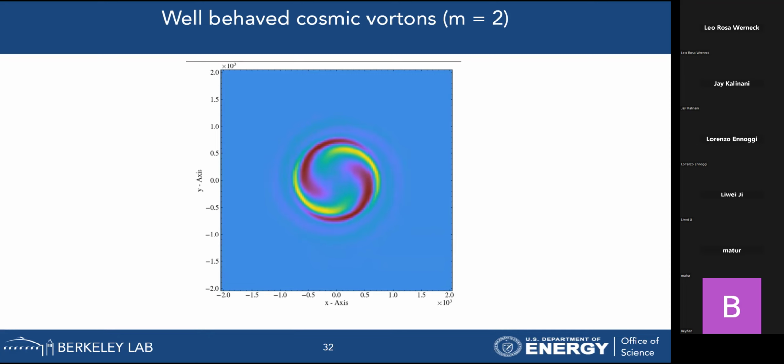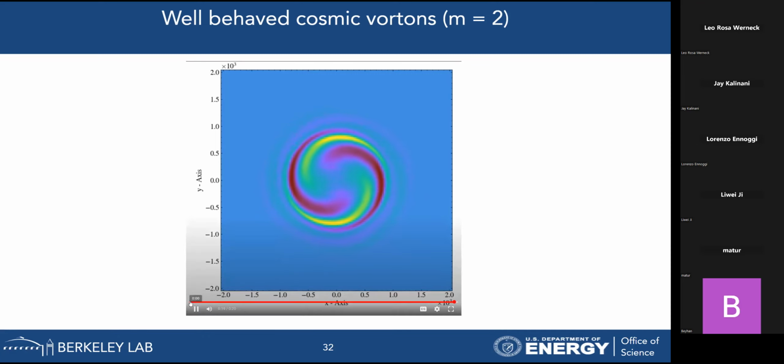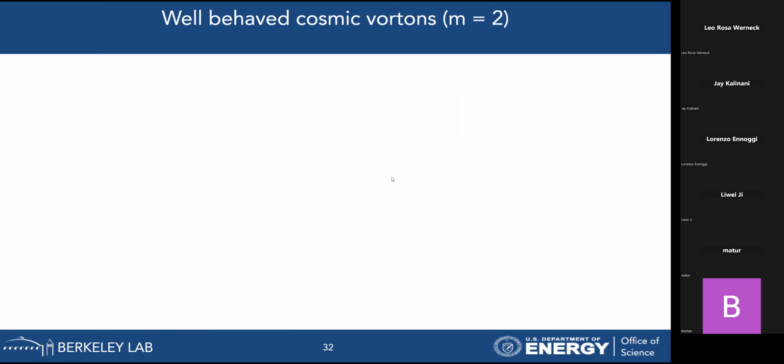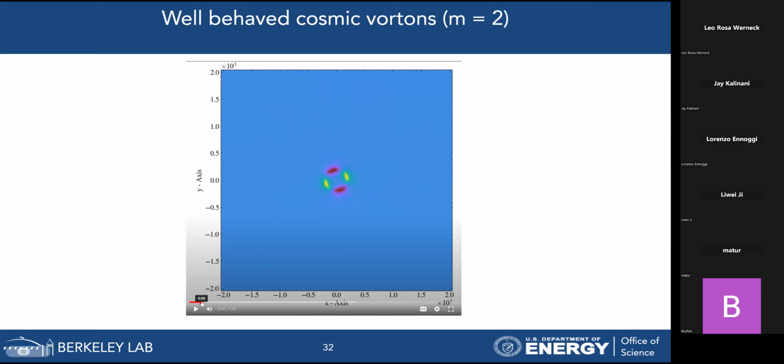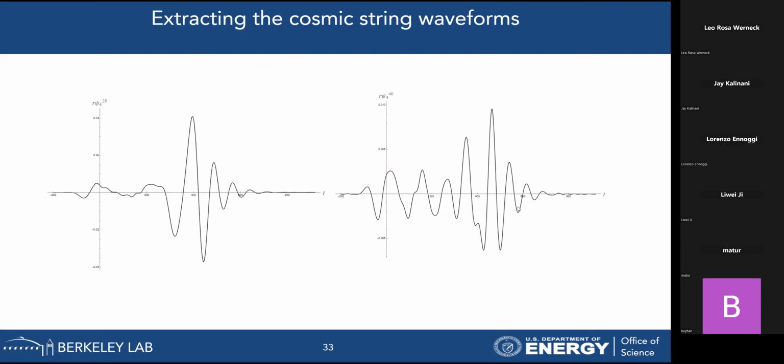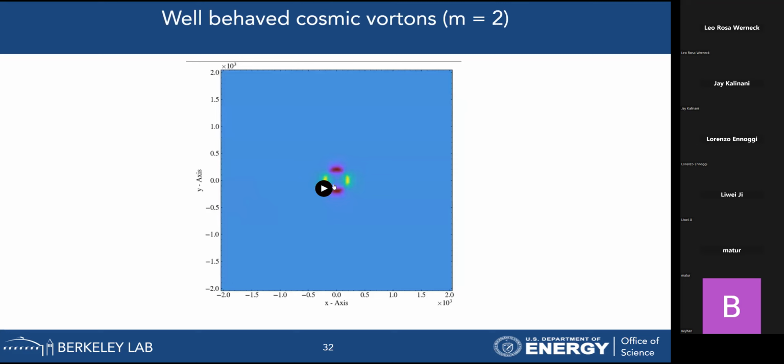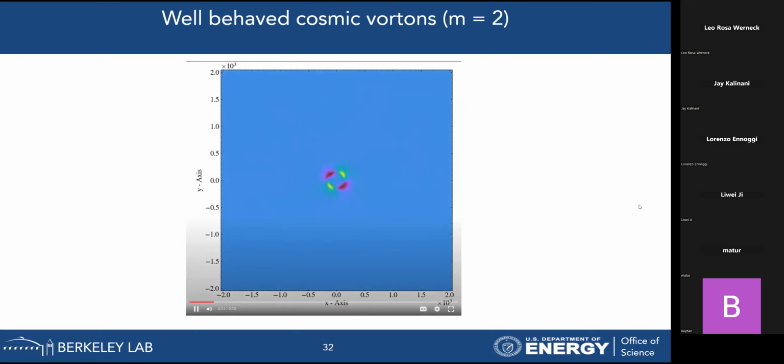So this particular case is the case where the wave number initially of our field is 2, so it's got 2 nodes of the sigma field around the cosmic string here. And we see that it has a nice rotational evolution.